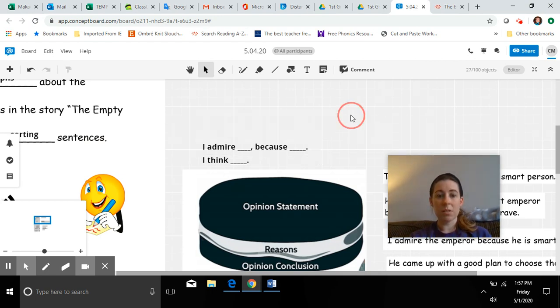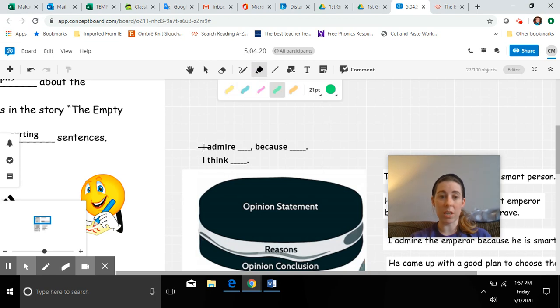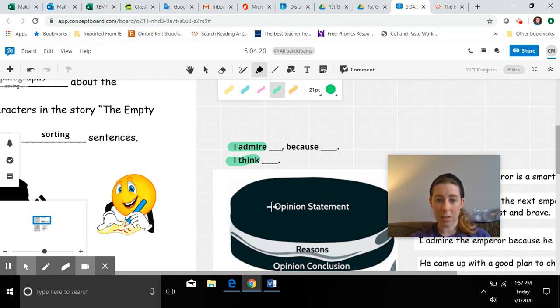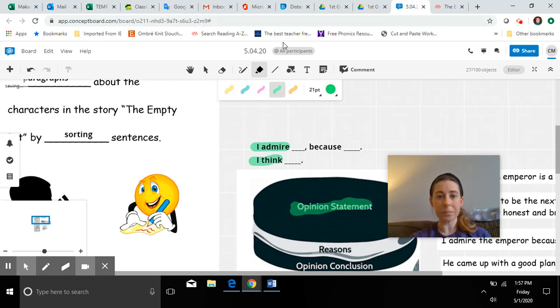So this is the way our opinion statements might begin. Not always, but this is a good start. It might start with, I admire, or it might start with, I think. And that's going to be the top of our Oreo, our opinion statement.